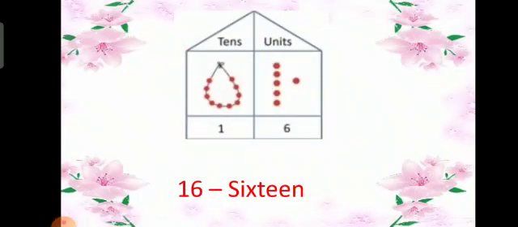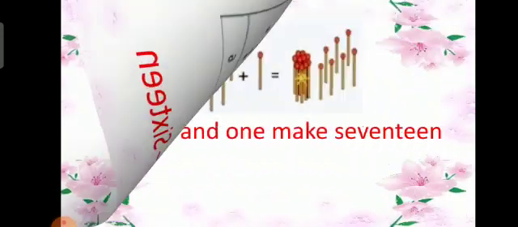Houses of ten and units, we are going to draw one string and 6 single beads. One string means 10 beads and 6 single beads means 6 units. Together make 16. What is the spelling of 16? SIXTEEN. 16.